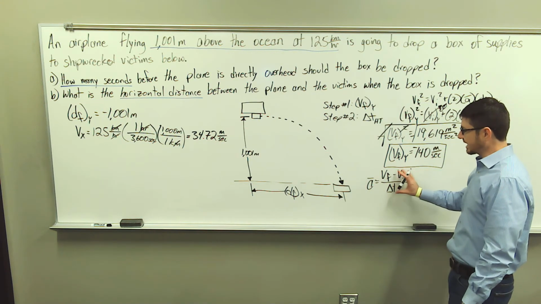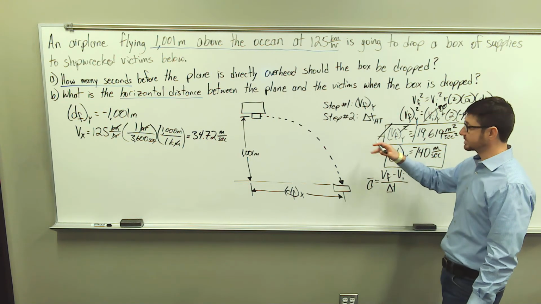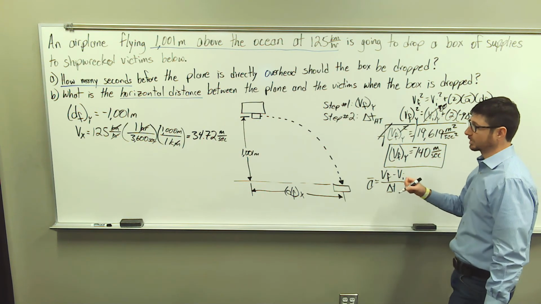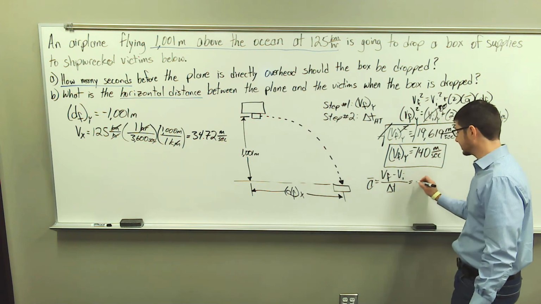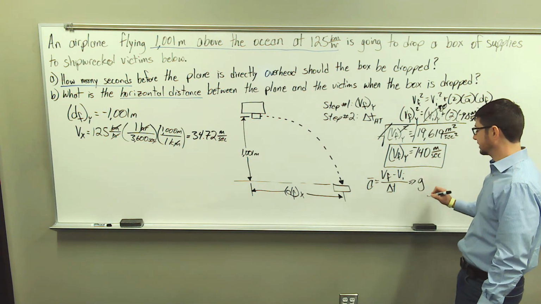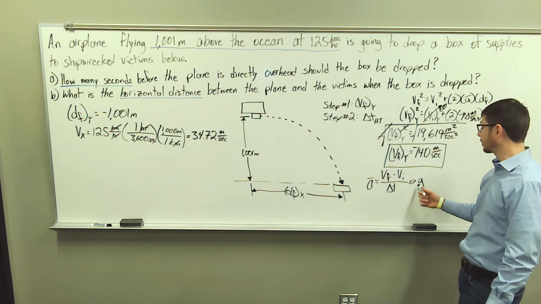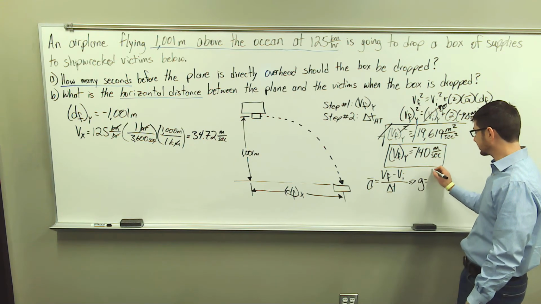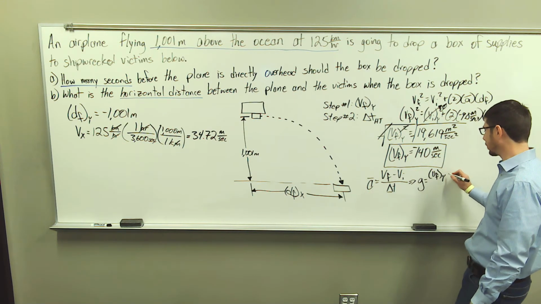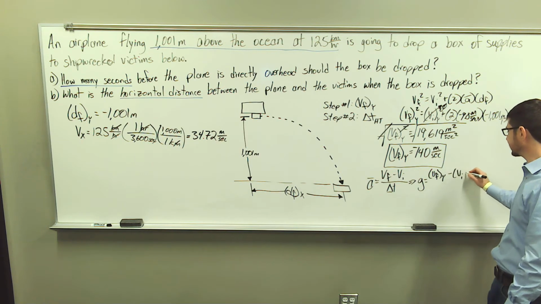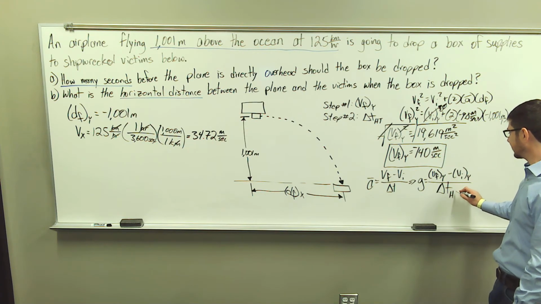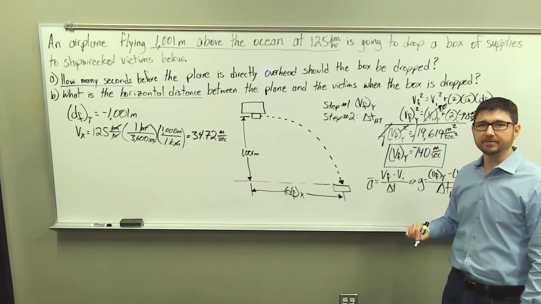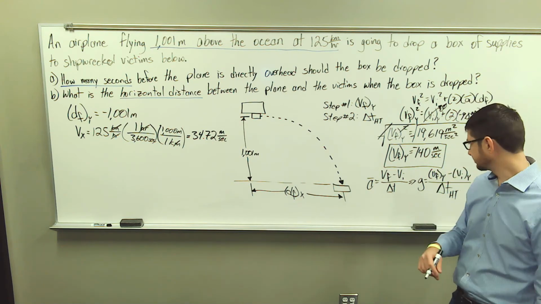Now, applying this equation to our situation, we know that we're looking at the y direction, and the acceleration in the y direction is the acceleration due to gravity, identified by lowercase g. This is equal to the final velocity in the y direction minus the initial velocity in the y direction divided by the time, and I'm using a subscript of ht to hit the target.